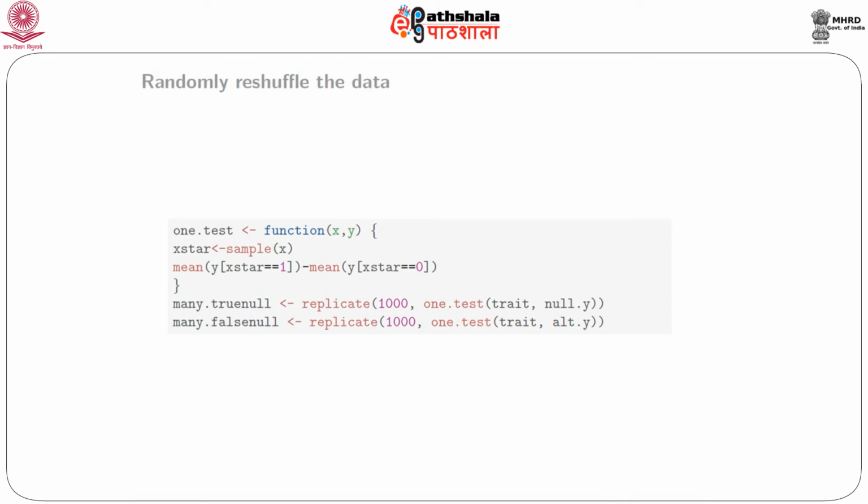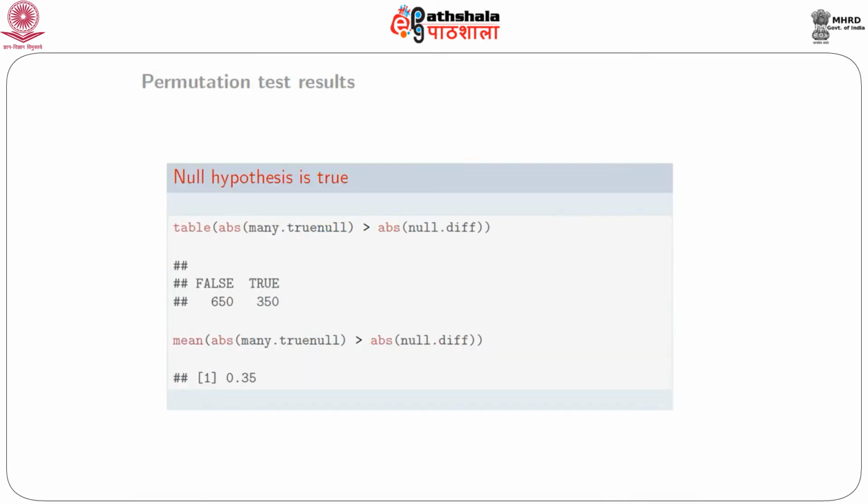Now, if we run this, we see the histogram of many dot true null, and on the histogram we can add where exactly our null dot difference value for the original data set is.